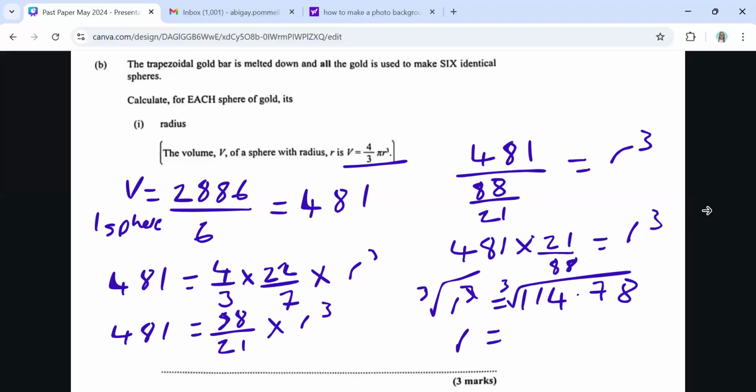So this cancels this, and we're going to cube root this answer right here, which equals 4.86 centimeters. And that is our radius. Moving on.